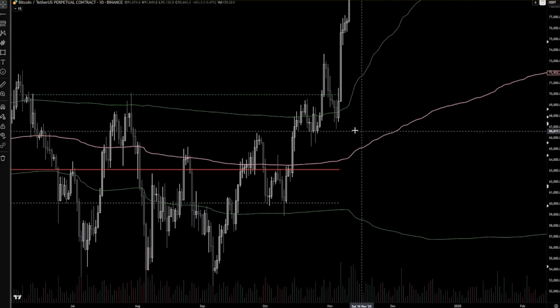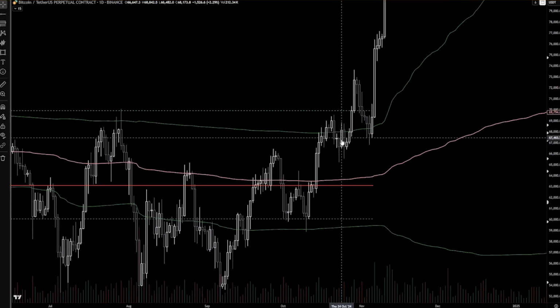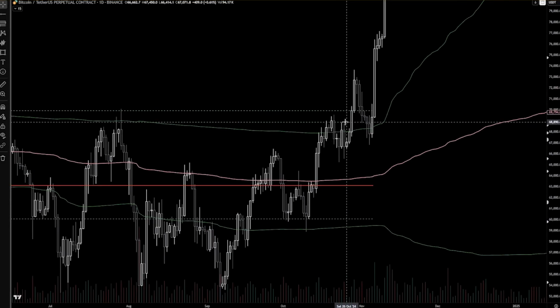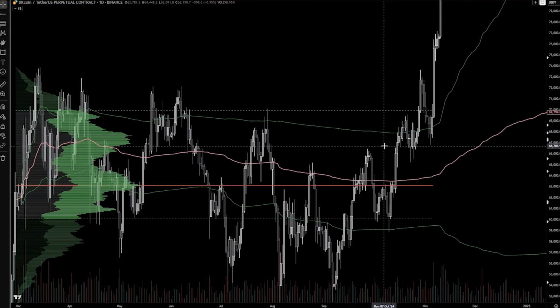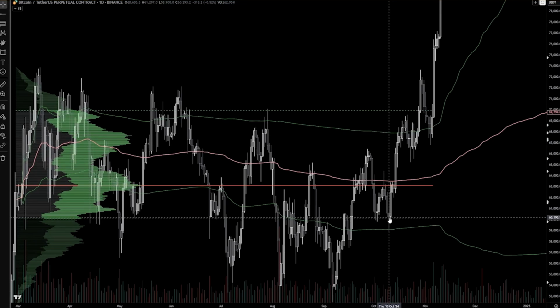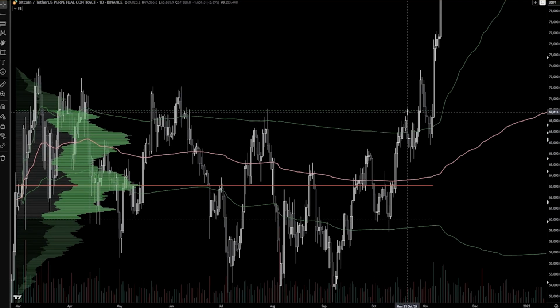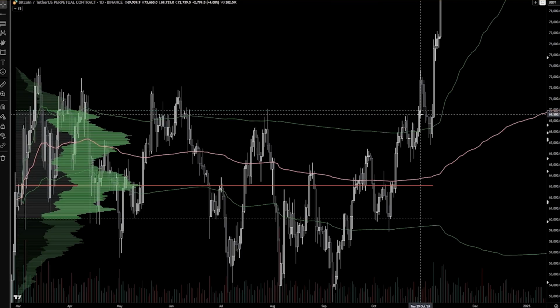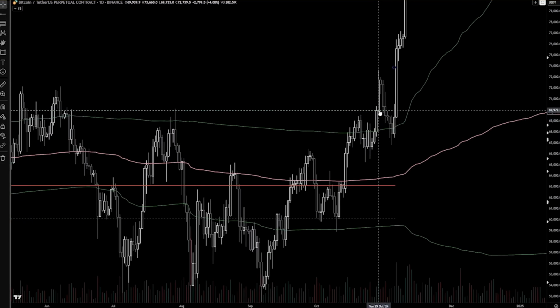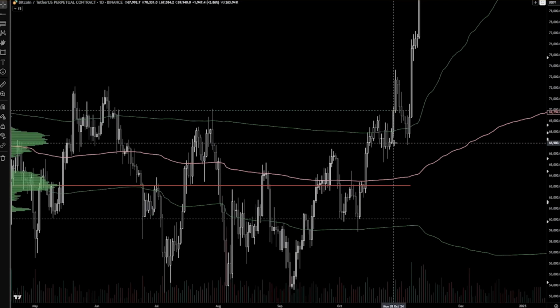But when we came up here to the opposite side, so that was a value rotation through the range. From one side of value to the other. If price breaks out, it may expand or it can fall back inside rather quickly.